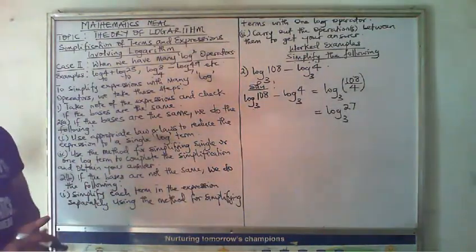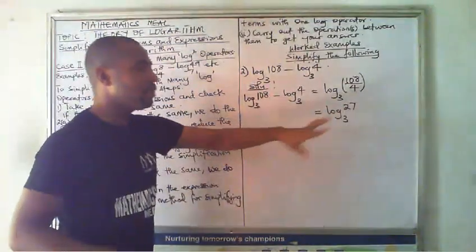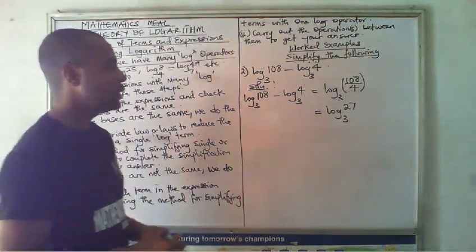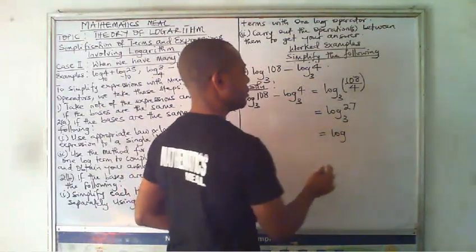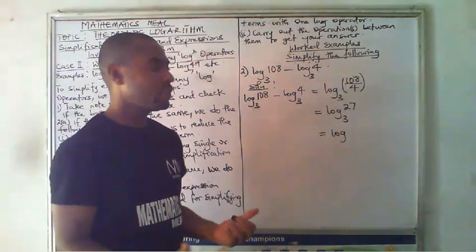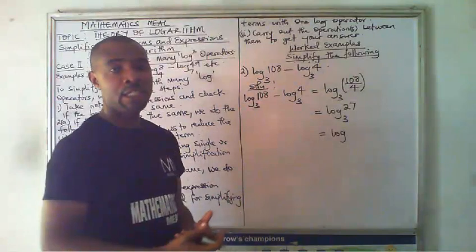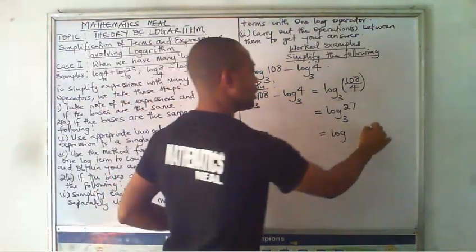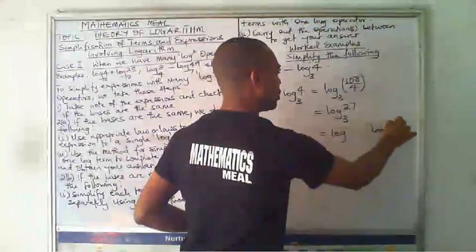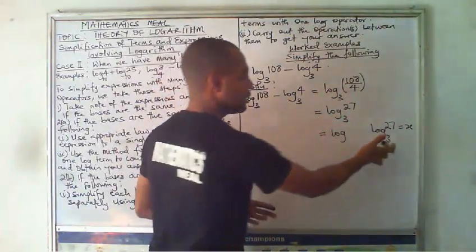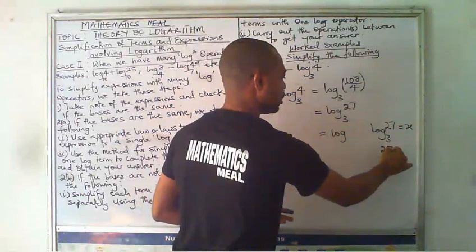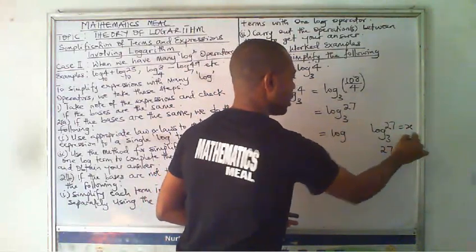What else should we do? Apply the method we use in simplifying a single log to complete this operation. You can use the ancestors method or the indices method. If we use the indices method, we equate log 27 in base 3 to x. Take it to this side and we have 27 equals 3 raised to x.